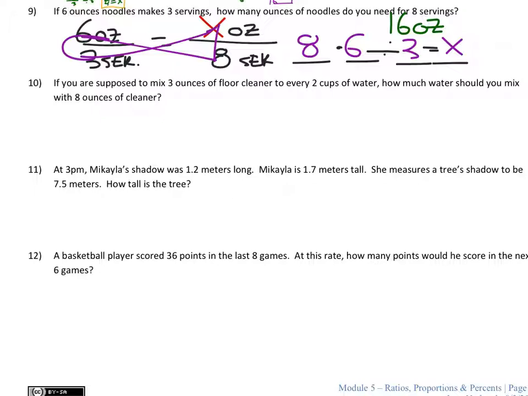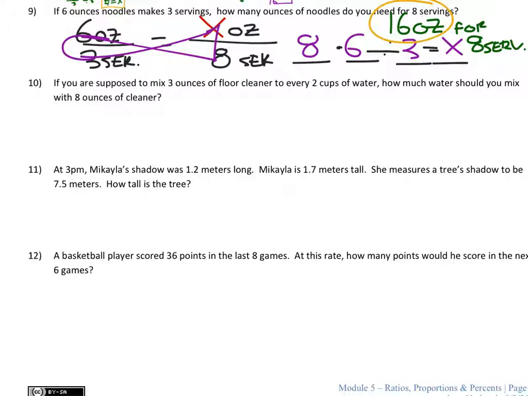Yep, for 8 servings. So how many ounces do we need? 16 ounces for 8 servings. Now you guys wouldn't necessarily need to write all that in there. We're more concerned about the 16 ounces than the rest of writing this as a sentence.